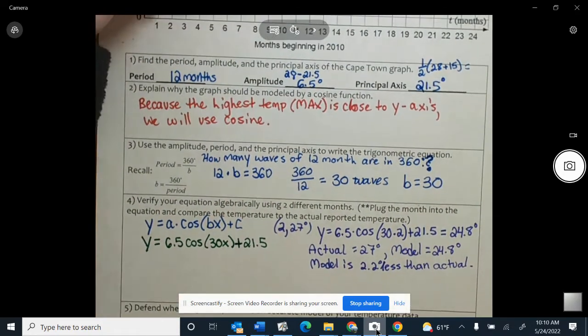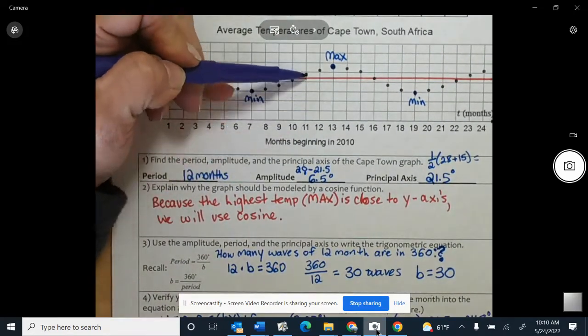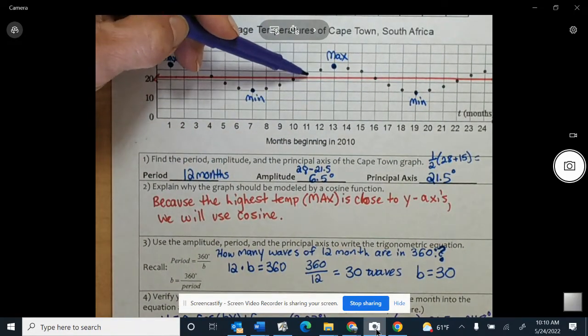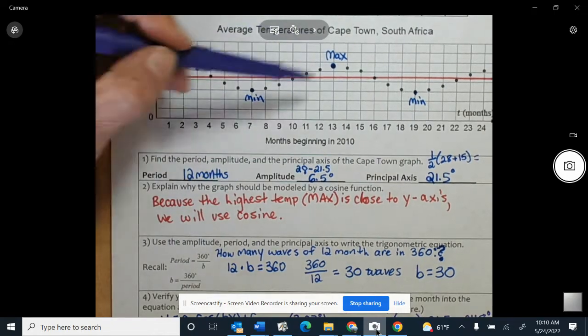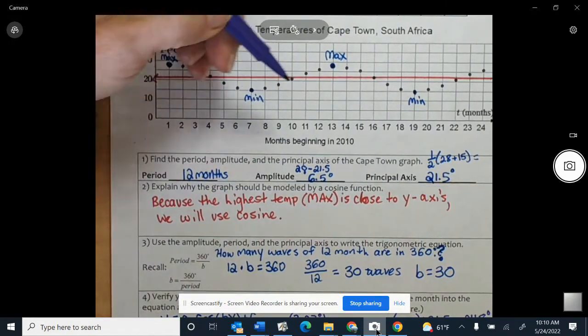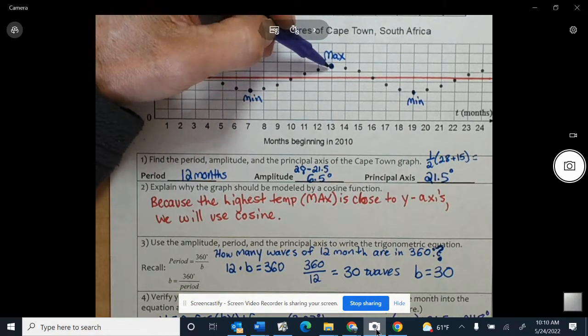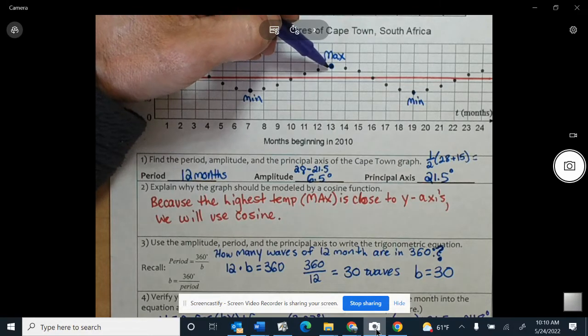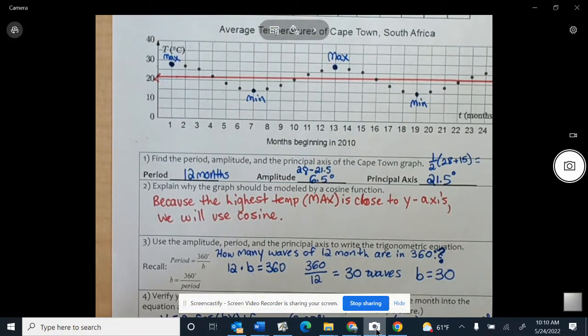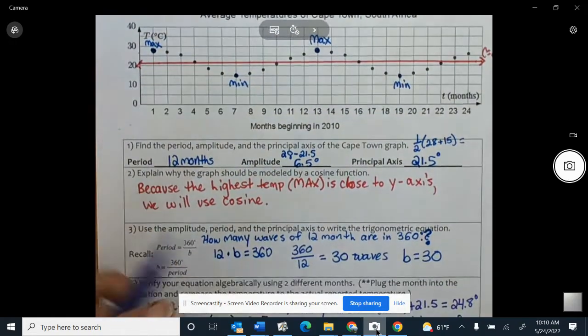But now let's try maybe November. Notice November was getting back up because in this region of the world, summer is at a different time. So summer is in those later months when we would have frigid, cold temperatures in the north. And so plugging in 11, we would expect to have 24 degrees.